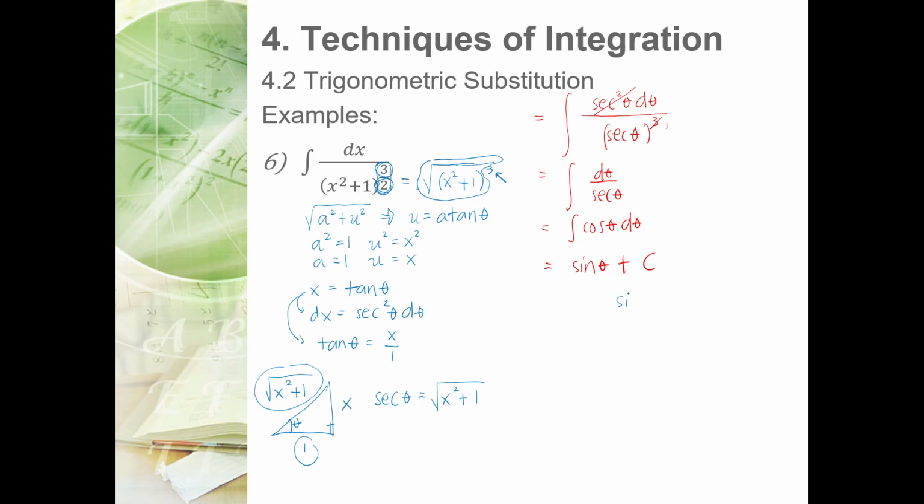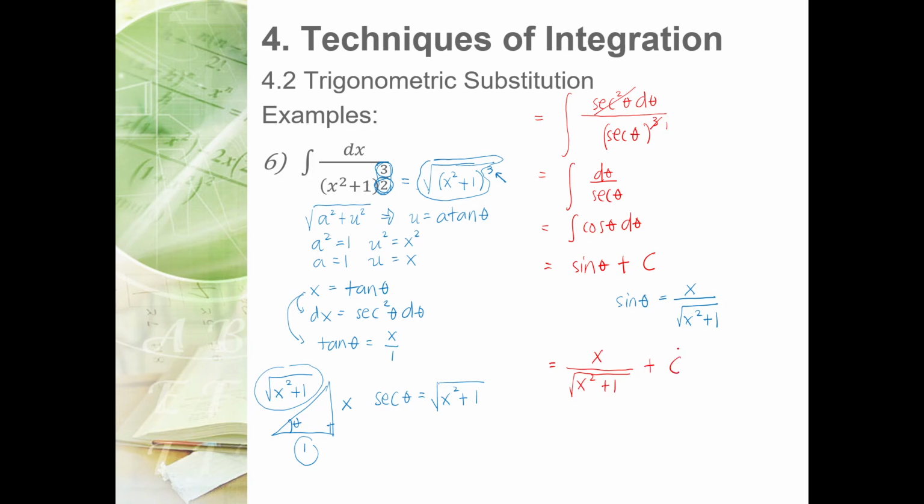Okay, so sine theta, looking at the triangle, is just x all over the square root of x squared plus 1. So the final answer would be x all over the square root of x squared plus 1 plus c.